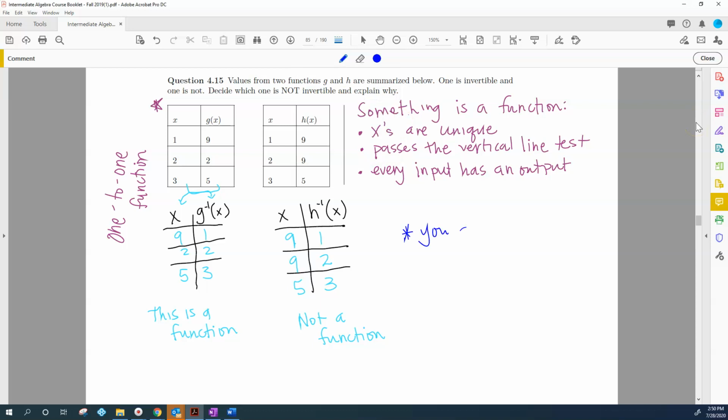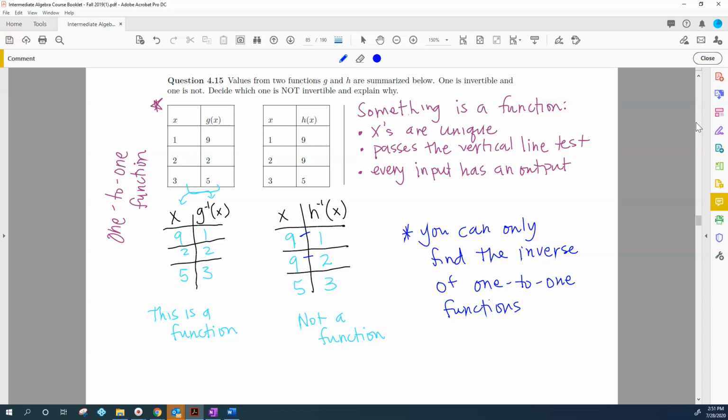You can only find the inverse of one-to-one functions. And again, it's for that same idea of what we were talking about here. We don't know whether 9 is going to 1 or whether 9 is going to 2. And so we can't write a function for it if that is the case. Okay?